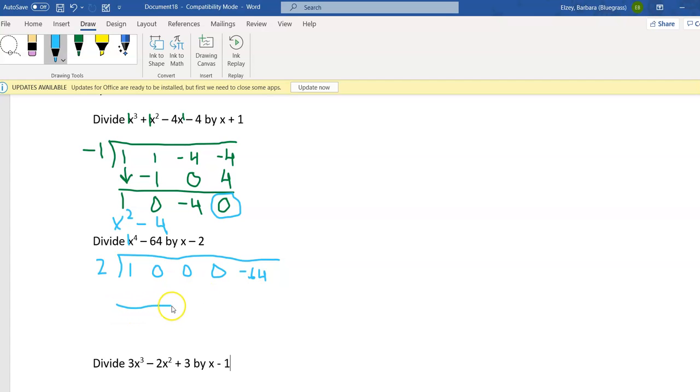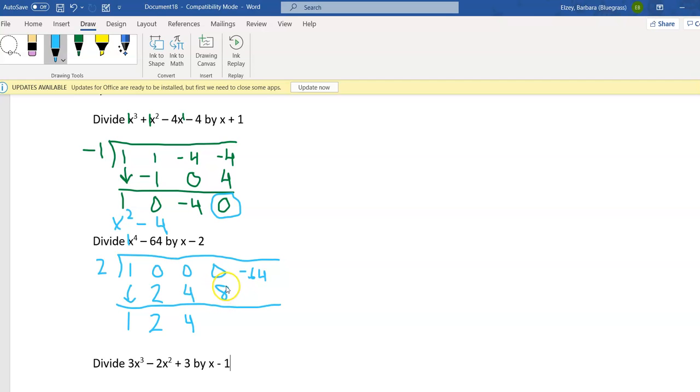Now let's do the division process. Bring the 1 down. And now multiply, add, multiply, add, multiply, add, multiply, add. So 2 times 1 is 2. Let's add. 0 and 2 is 2. Let's do that again. 2 times 2 is 4. Add the column. That's 4. Again, multiply, add. 2 times 4 is 8.